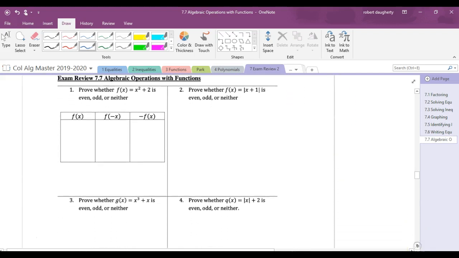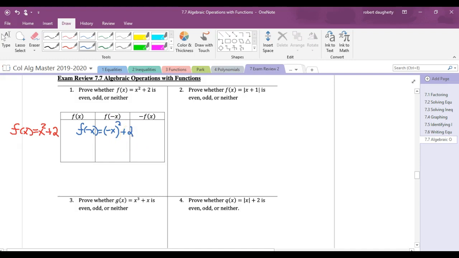So let's work through that. Went in a little bit of a hurry, but let's work through some problems here. Is x squared plus 2 even, odd, or neither? So f of x is equal to x squared plus 2. f of negative x is equal to negative x squared plus 2.